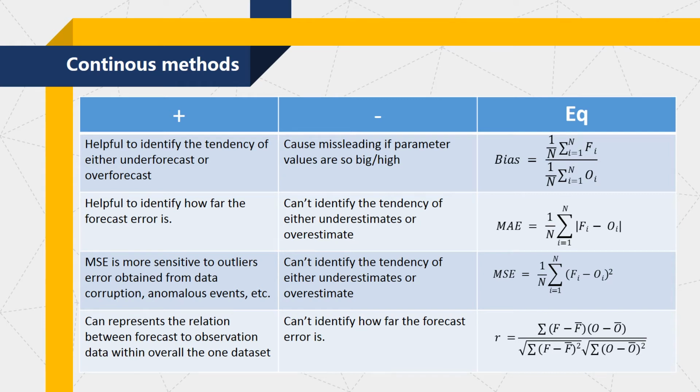But if we use only correlation, the disadvantage is we cannot identify how far the forecast error is. So based on the advantages and disadvantages, we cannot use only one verification parameter in a continuous method. We have to combine some of these verification parameters.